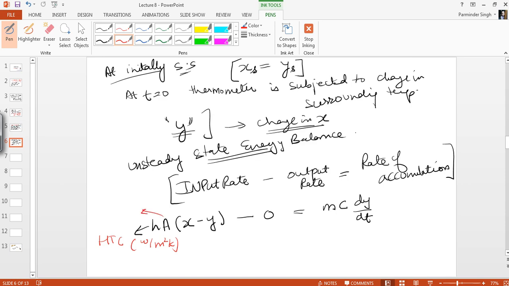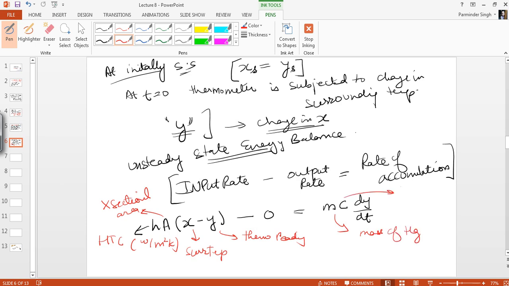A is the cross sectional area of the bulb. X is the surrounding temperature. Y is the thermometer reading. M is the mass of the mercury in the bulb. C is the heat capacity of the mercury.